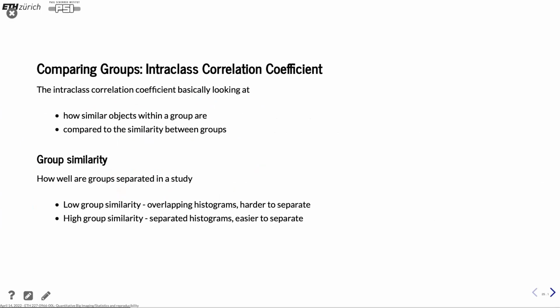So now we want to look at how similar different of these groups are. And we want to compare how similar they are within their own group and also how similar they are between the groups. And for that, we can use something called group similarity. When we have low group similarity, the histograms are very much overlapping. It's harder to separate. And when we have high group similarity, the histograms are more separated and of course also easier to separate.